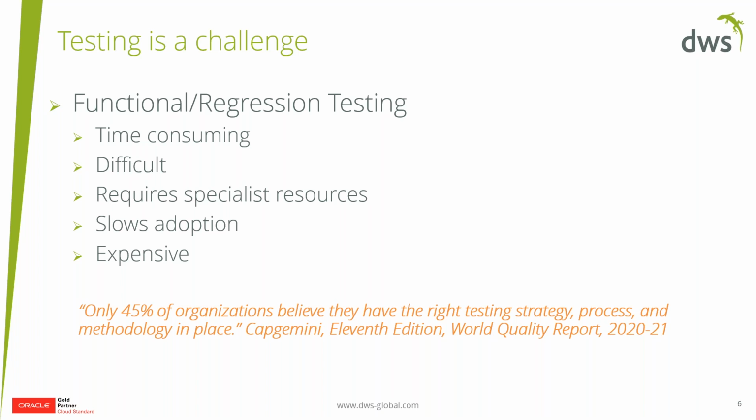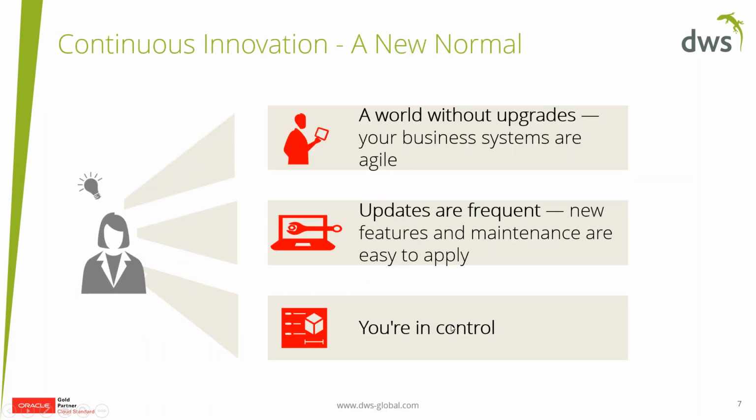So as much as organizations are investing in testing and ensuring their tools and their applications are working appropriately, less than half of the people responsible for that are actually happy with the process and methods that they have in place. So, where does that bring us?